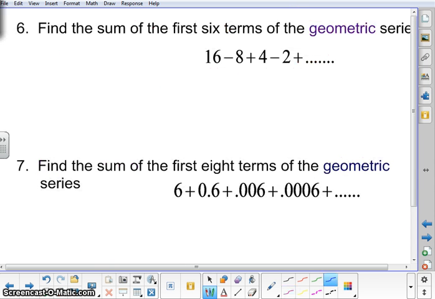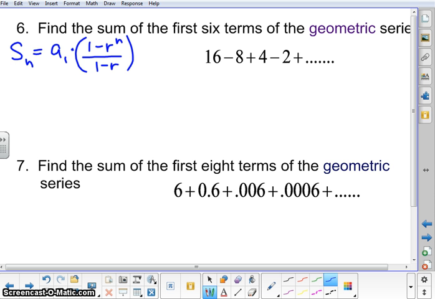Okay, the next few examples talk about different sums of geometric series. So there's a whole bunch of numbers here we have to add together. And the formula itself that you should write down is the sum of n numbers equals first term times 1 minus r to the n over 1 minus r.